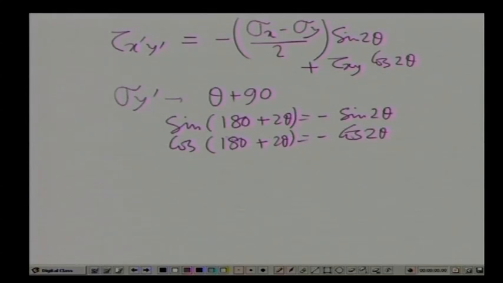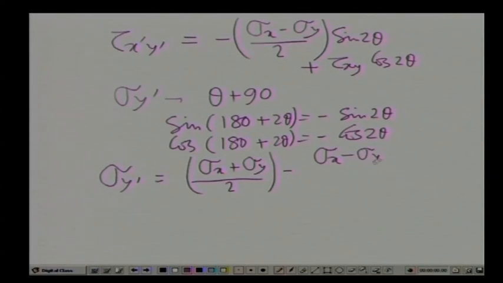And if we substitute these values in the expression for sigma x dashed, we get sigma y dashed as equal to sigma x plus sigma y by 2 minus sigma x minus sigma y by 2 cos 2 theta minus tau x y sin 2 theta.